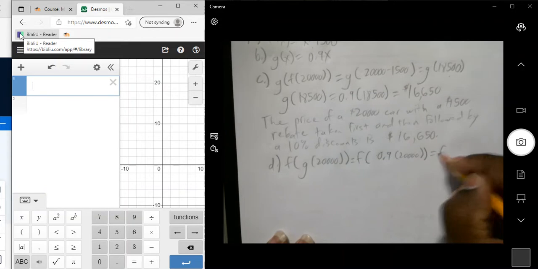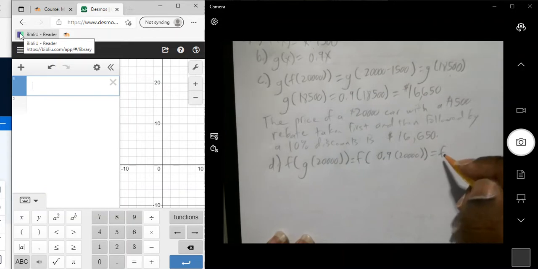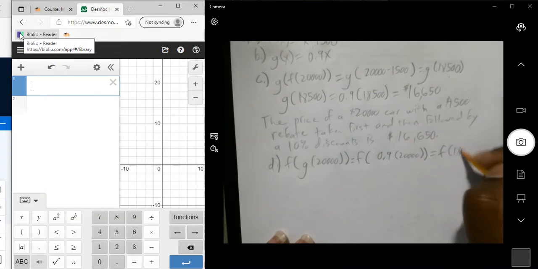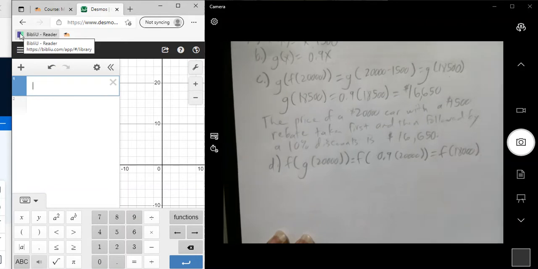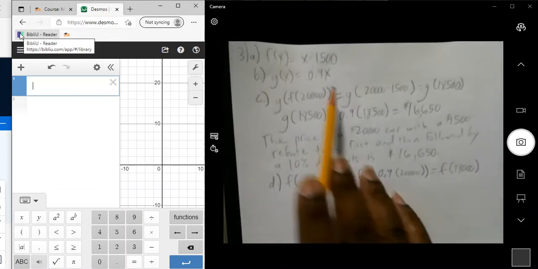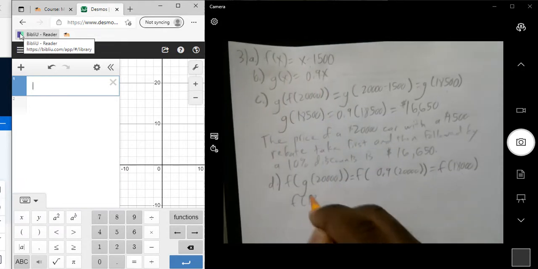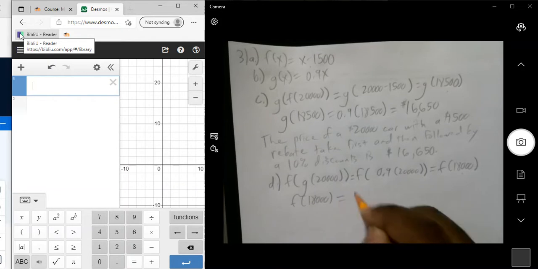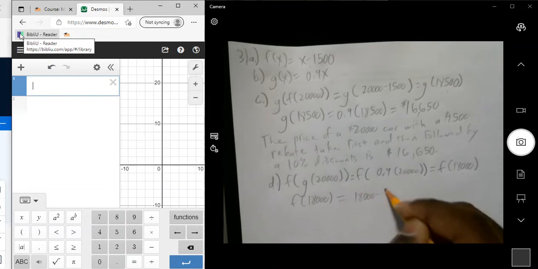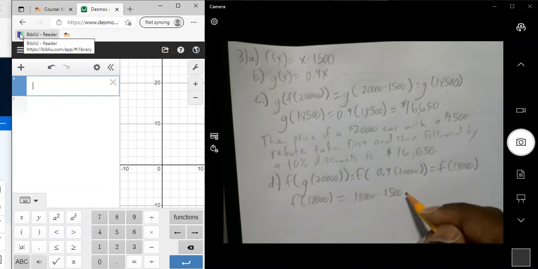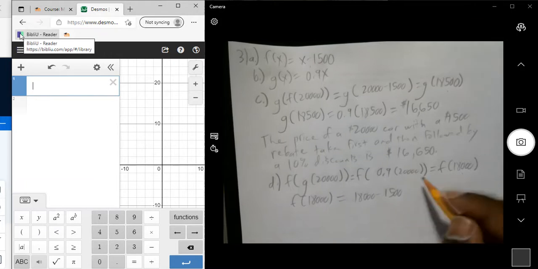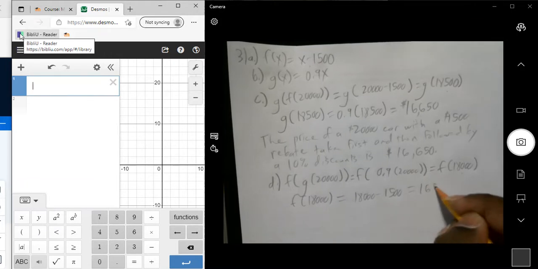So this would be f of 18,000. And then with f, we'll put this 18,000 in for x here. So f of 18,000 is equal to 18,000 minus 1,500, which will give us 16,500.